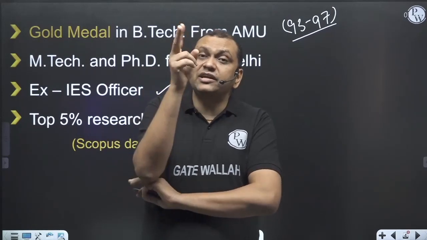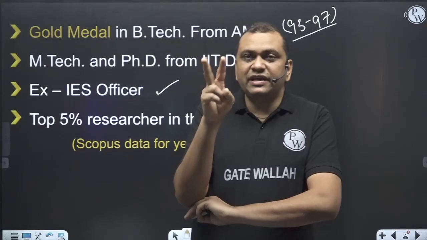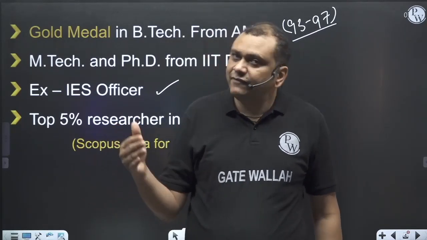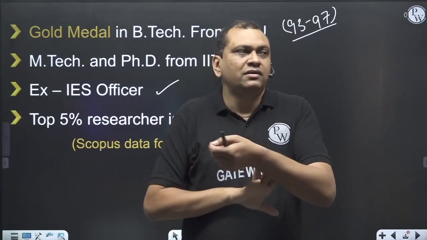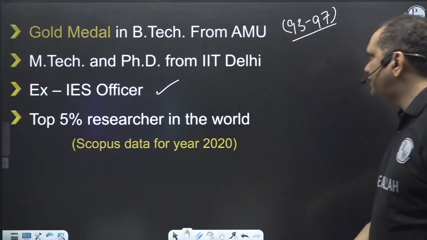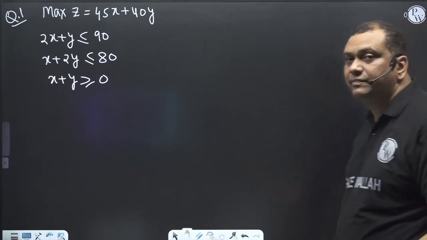Two-dimensional problem means there are only two variables. If there are only two variables, we go for graphical. And if there are more than two variables, we go for simplex. Okay? So we will study these things with the help of some beautiful examples.